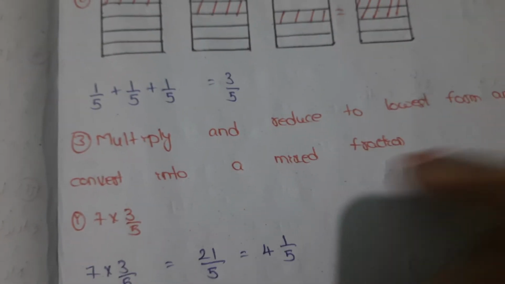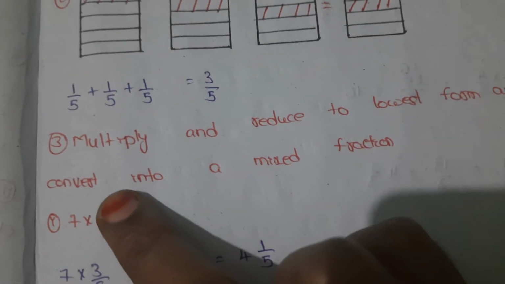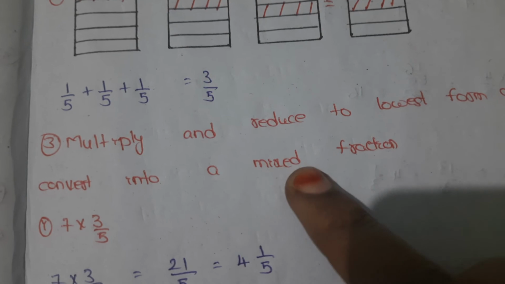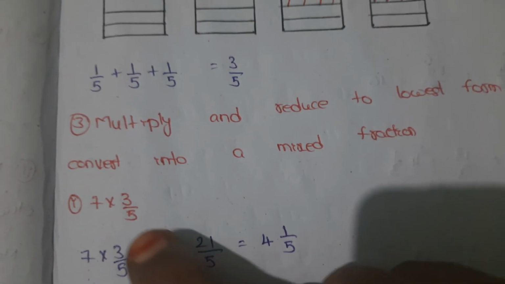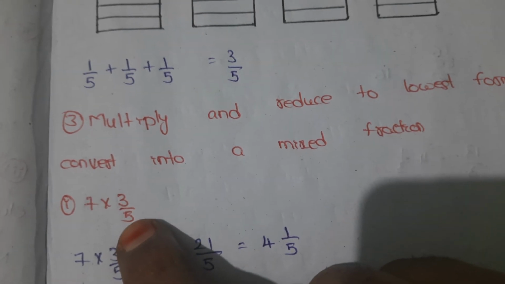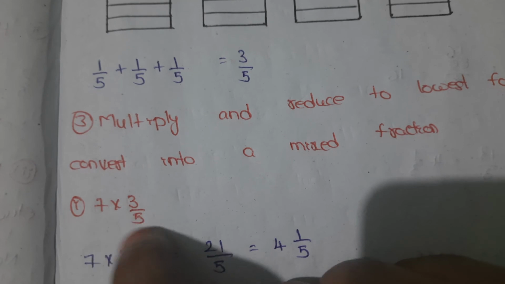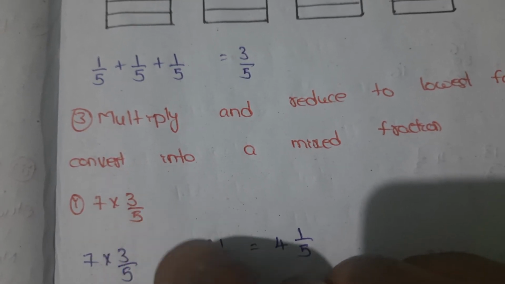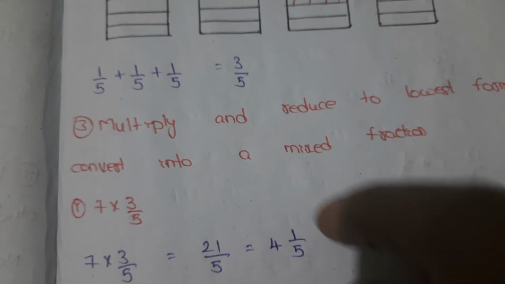Next, third question. Multiply and reduce to the lowest form and convert it into a mixed fraction. They have given the multiplication of a fraction with a whole number. We have to multiply these two numbers. After multiplication, if we get an improper fraction, we have to convert it into a mixed fraction.